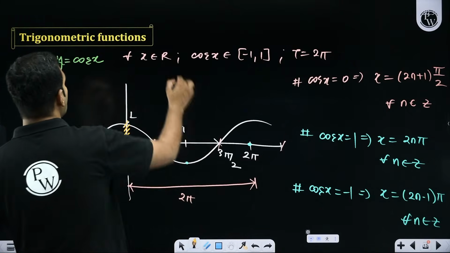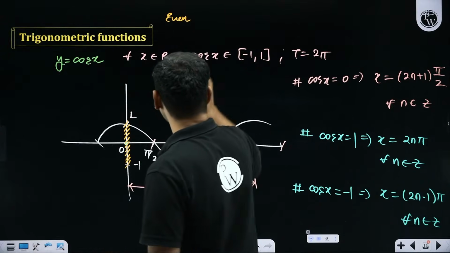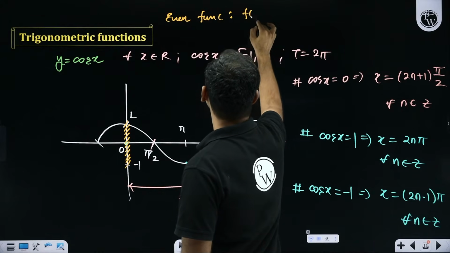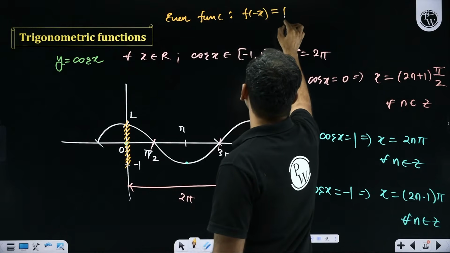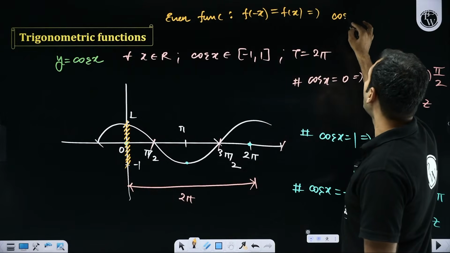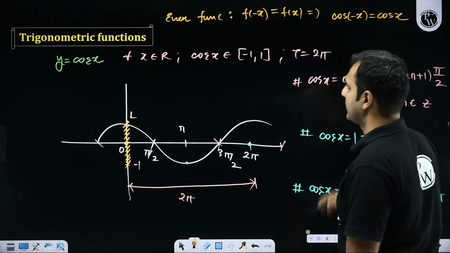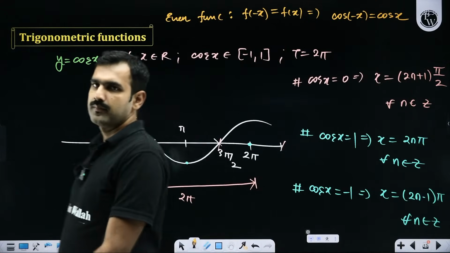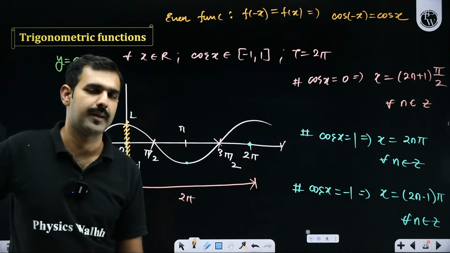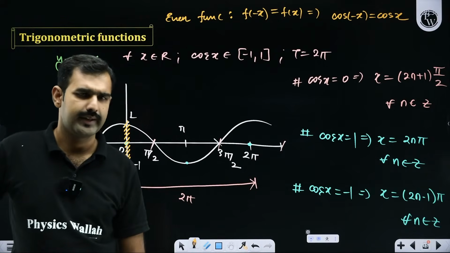So cos is an even function, which means f of minus x will be equal to f of x. In case of cos, cos of minus x will be equal to cos x. Did you all get this part? Any queries?